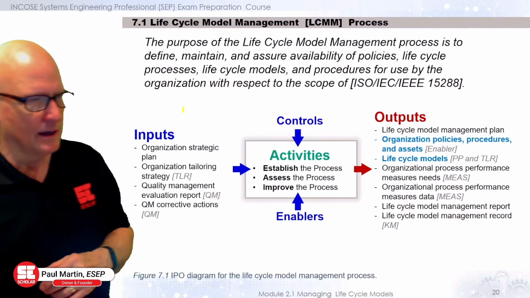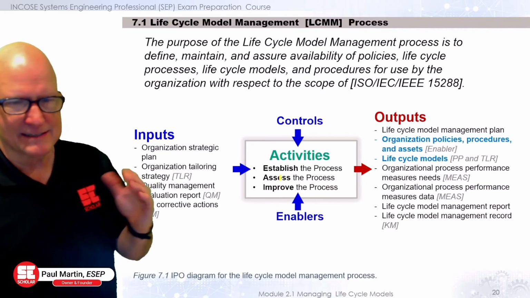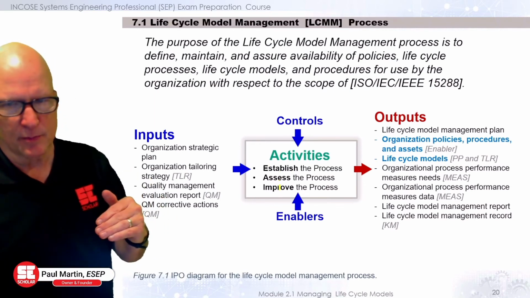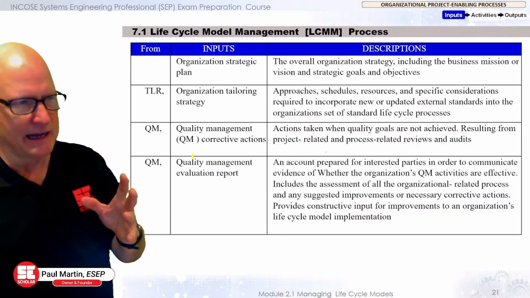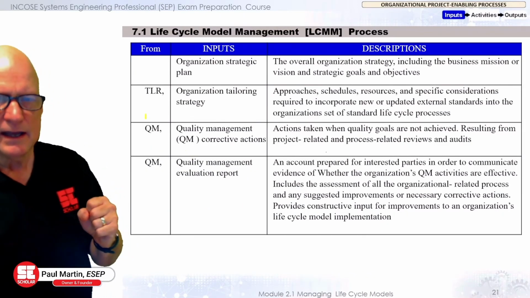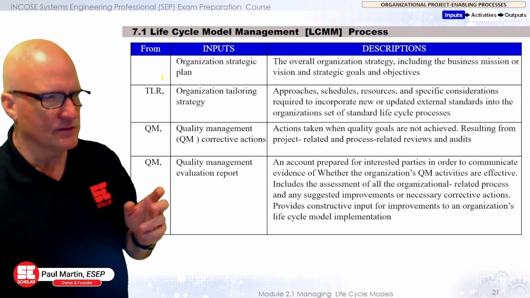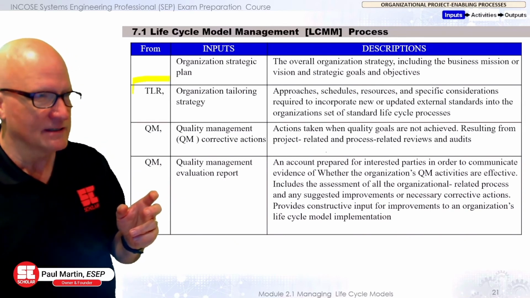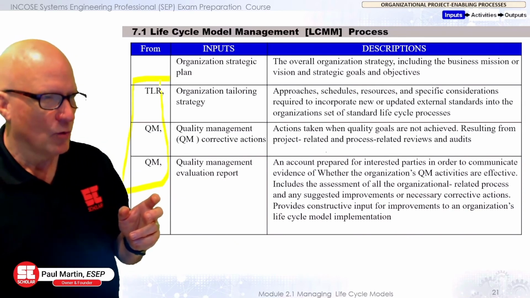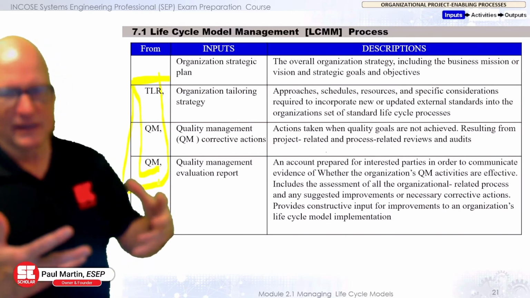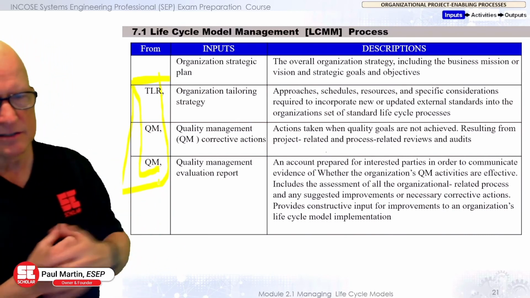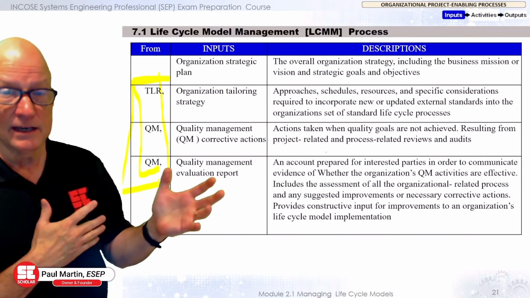So for this one, we want to establish, assess, and improve the process. The inputs, let's go into them. I have a slide for each of these. And for the inputs, I actually show where they are coming from, and I use the acronyms or abbreviations that I showed yesterday.